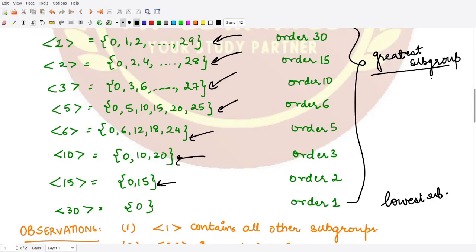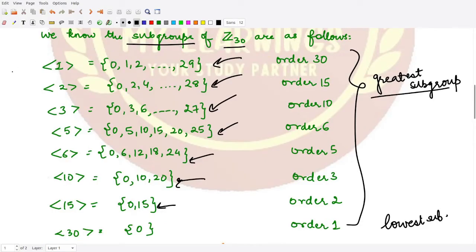You can observe that the subgroup generated by 1 contains all 30 elements. So basically this is Z30 only. This is your group itself, and the group contains all the subgroups.